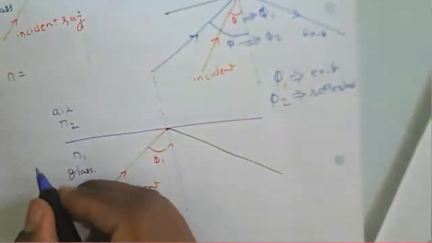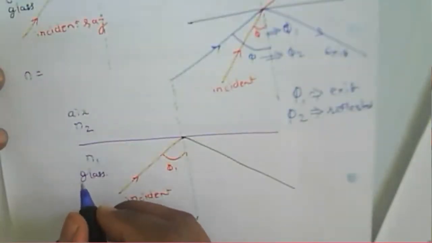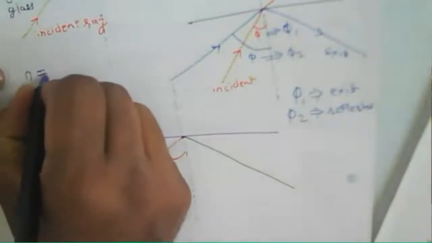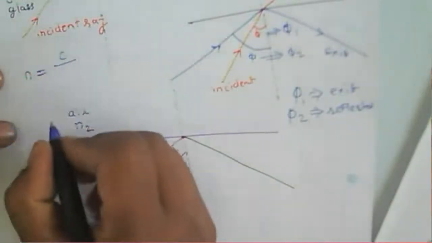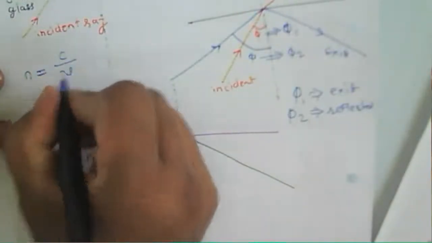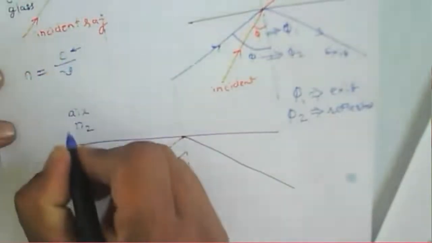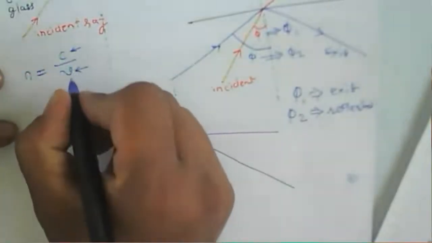Generally, we say that this is about the index of refraction. The index of refraction depends upon the velocity of vacuum and the velocity of a medium.